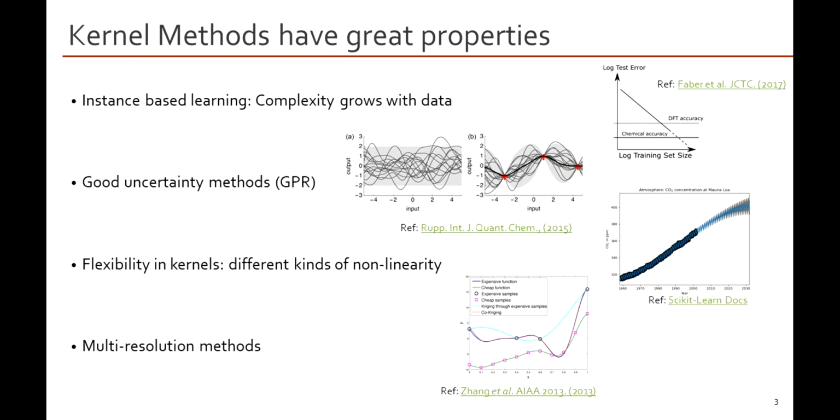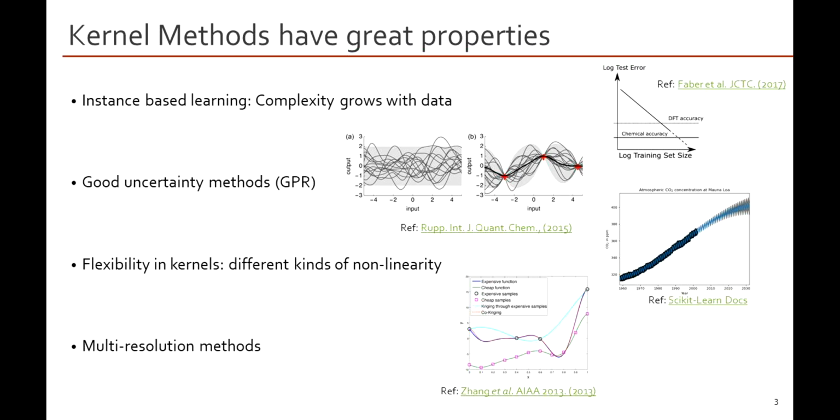Additionally, there's a similar class of techniques called Gaussian process regression, or GPR, that uses kernel functions to build some very well understood classes of probabilistic models that allow you to get estimates on the uncertainty of each of your predictions. There are also a lot of ways you can bake different kinds of physics into a machine learning model based on kernels.